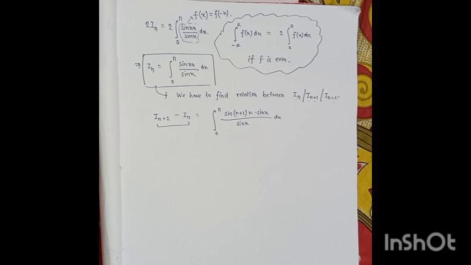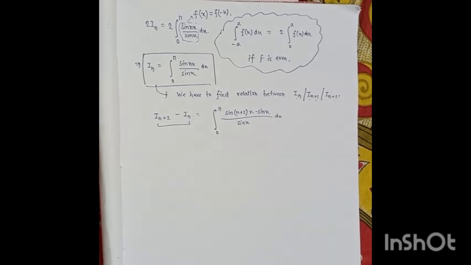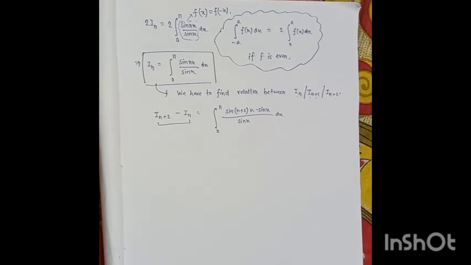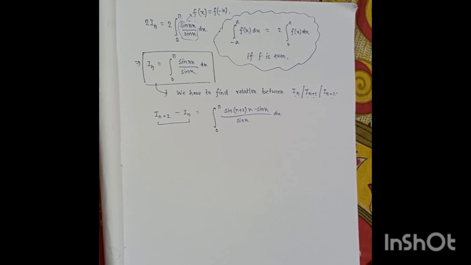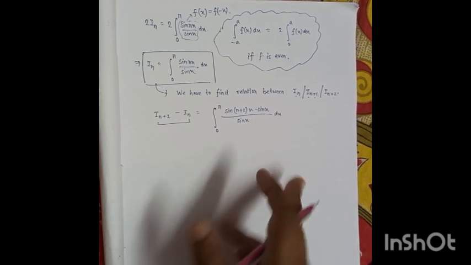Now if we apply here sine c minus sine d, that we know is equal to 2 times cos of c plus d by 2 into sine of c minus d by 2.